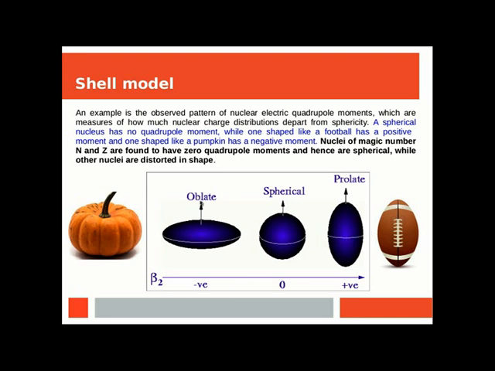Both cases are cases of lesser stability, while spherical shape is the case of maximum stability. And all the nuclei which have a number of nucleons equal to any of these magic numbers will always have spherical shape, and hence they are obviously stable. So this is the shell model.